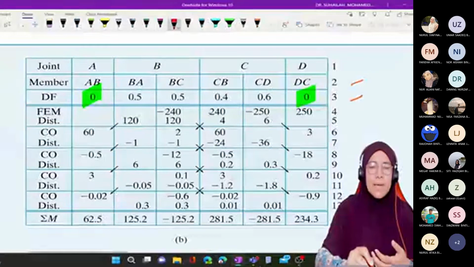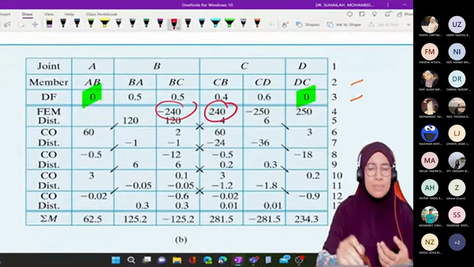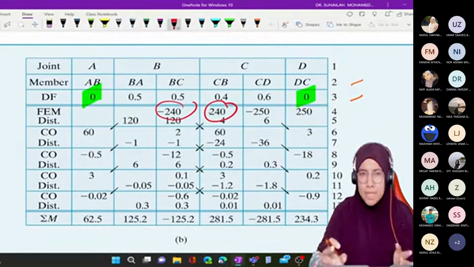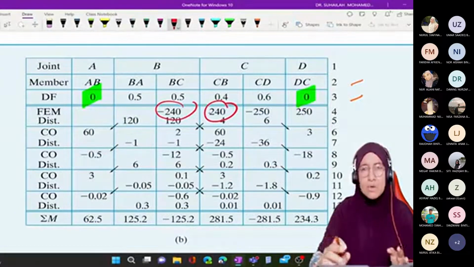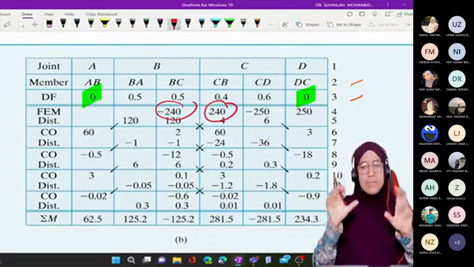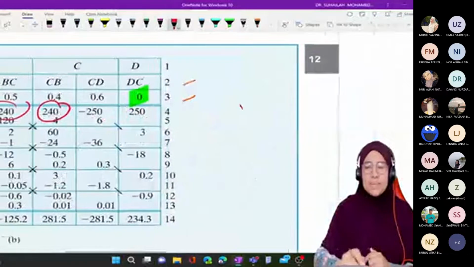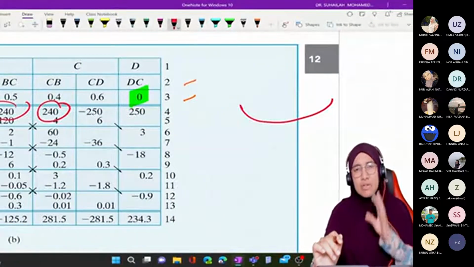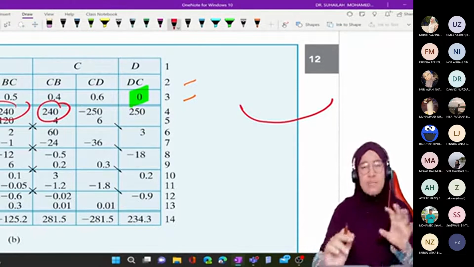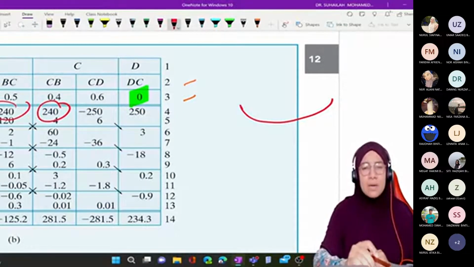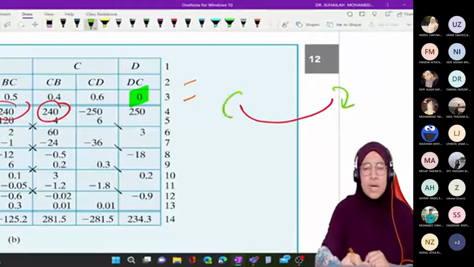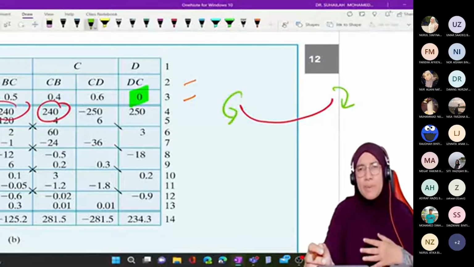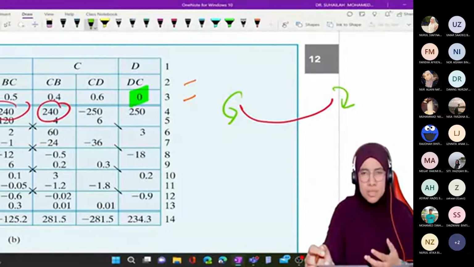Okay, so the fixed end moment is the first member end moment in the table, one negative, one positive. For member BC, it is due to the behavior, because the moment acts like this. Due to loading, the beam will bend. So due to the bending, we have to apply moment to counter back, to push the beam back to its original position.